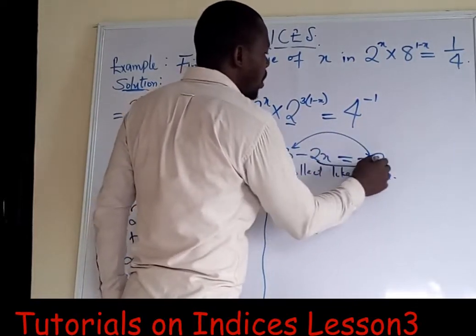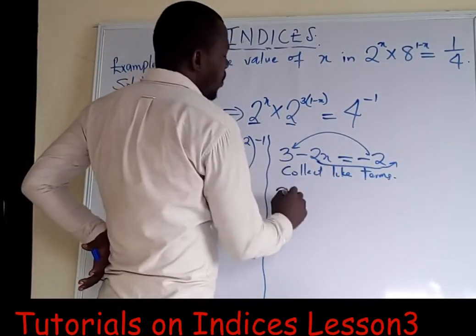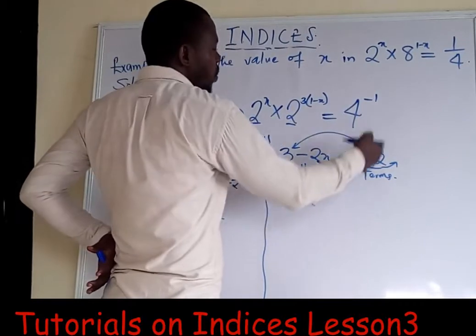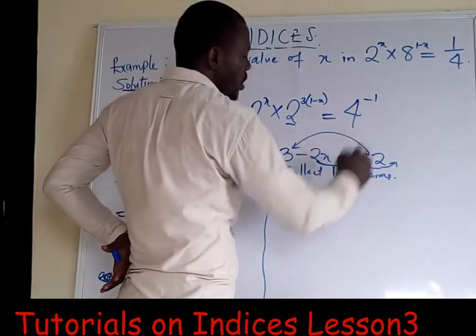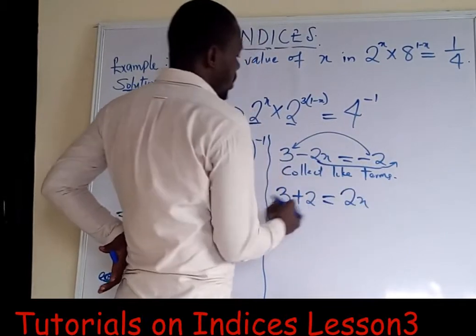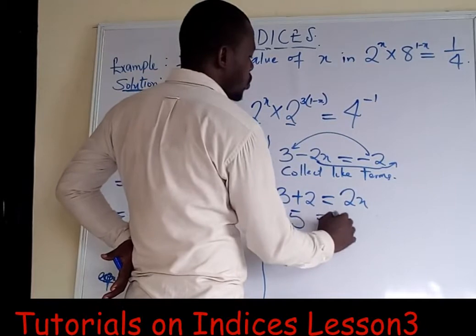So I want to bring these 3, these 2 to come and meet this one, and I'll take this one out here. So what I'll have here is 3 plus 2, because minus is here, when it comes in it becomes plus. And then this one is minus 2x here, when it goes in it becomes 2x. So 3 plus 2 is 5, which is equal to 2x.